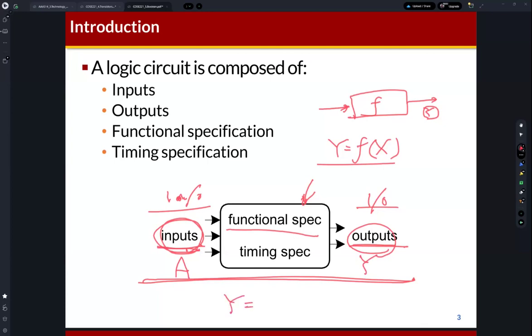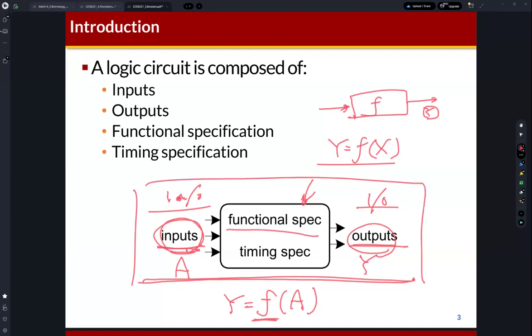The output is defined by input signals, based on the functional specification. We can define any function, right? It's very similar to a real-world mathematics function. But in a hardware system, we also need to consider timing specification. So what does that mean?